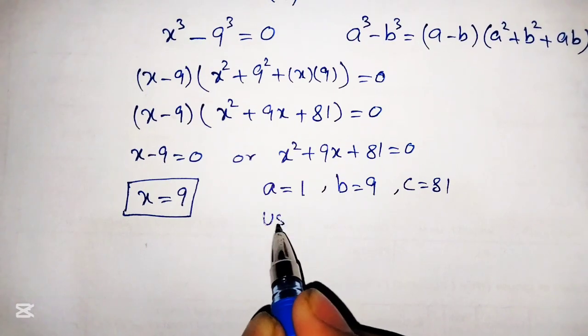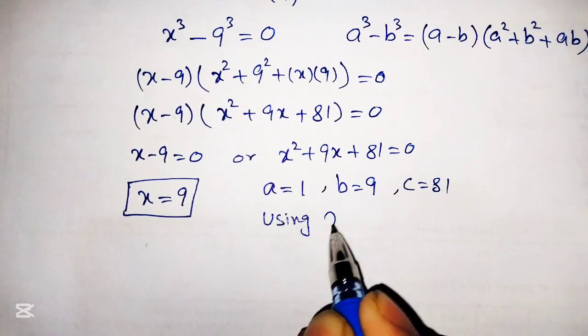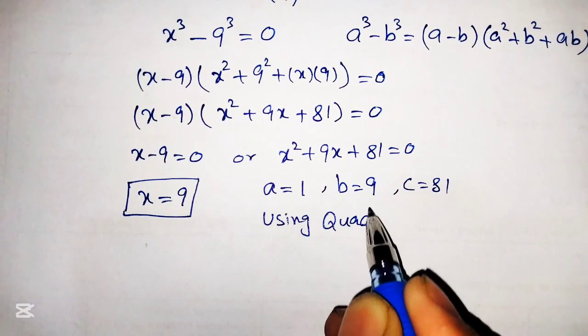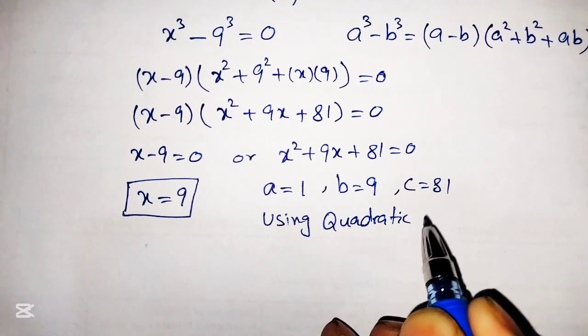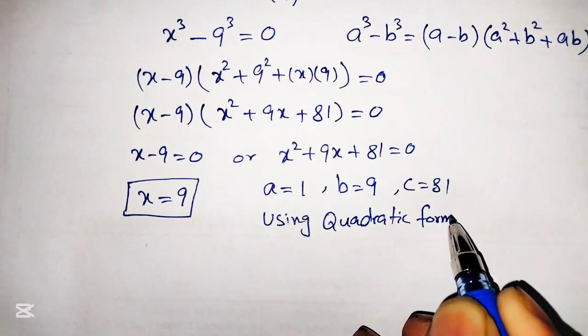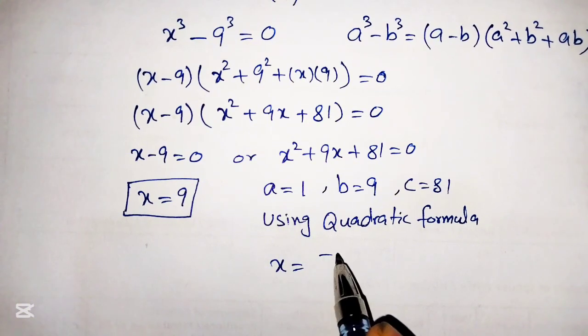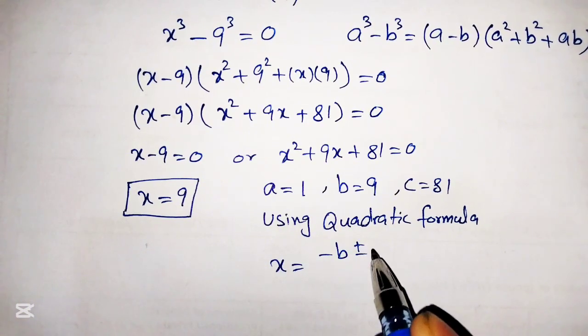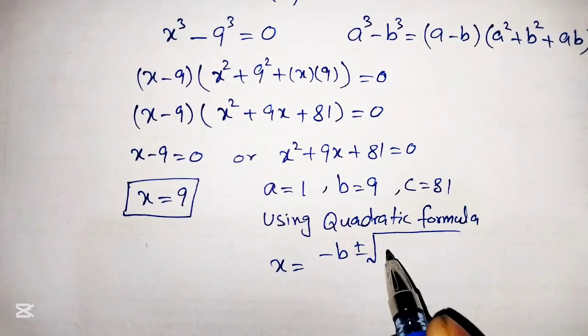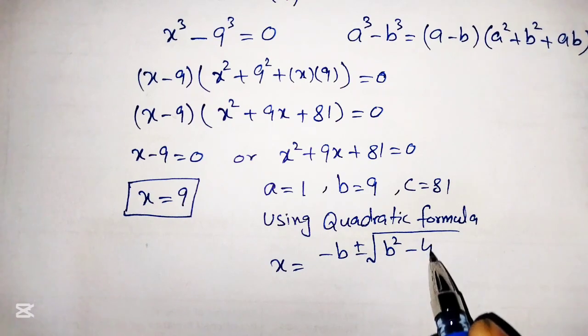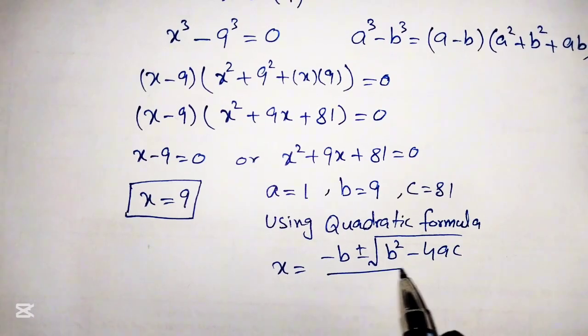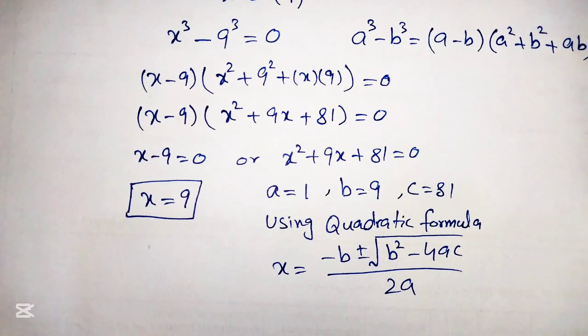Now using the quadratic formula, we will get x is equal to minus b plus minus square root of b square minus 4ac over 2a.